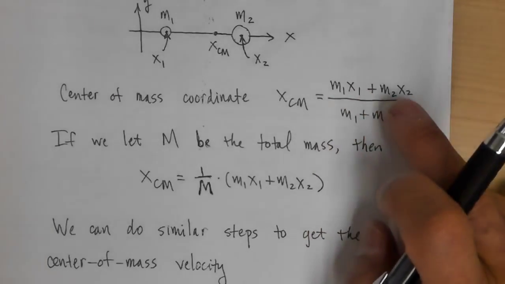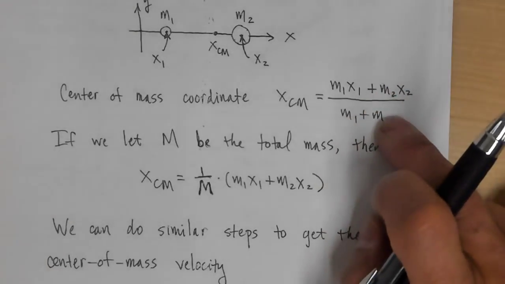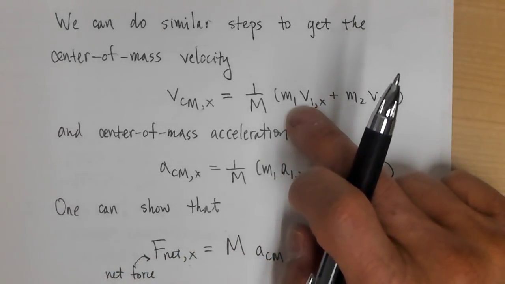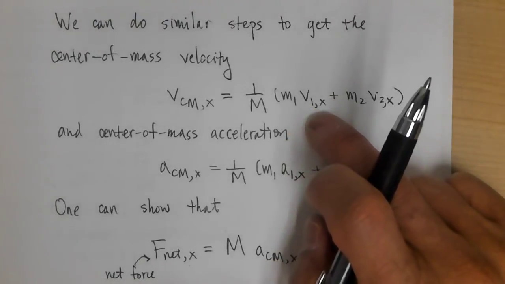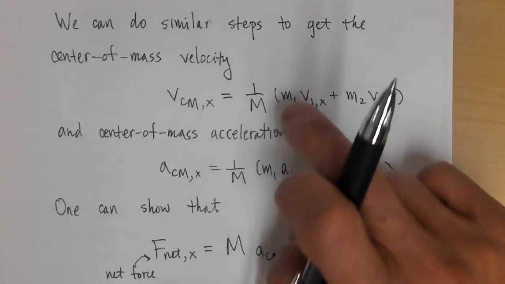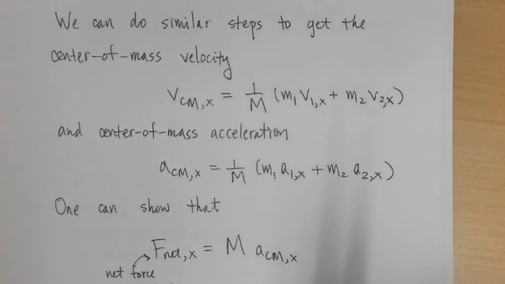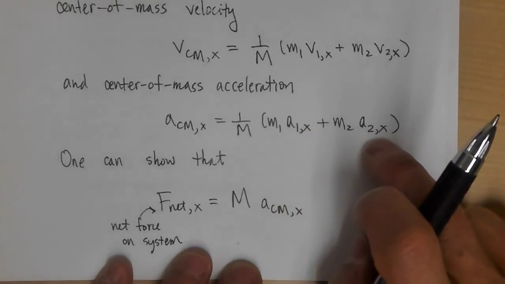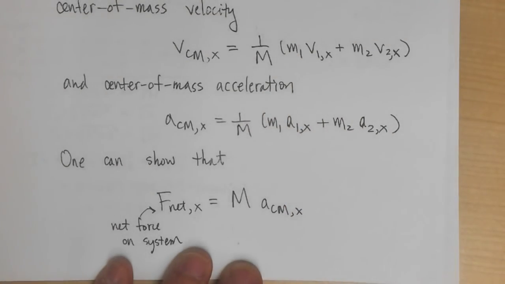So m1 x1 plus m2 x2 divided by the total mass. You weight the velocity with the masses, so you get m1 v1x plus m2 v2x divided by capital M. And then for the acceleration, it's m1 a1x plus m2 a2x divided by capital M.